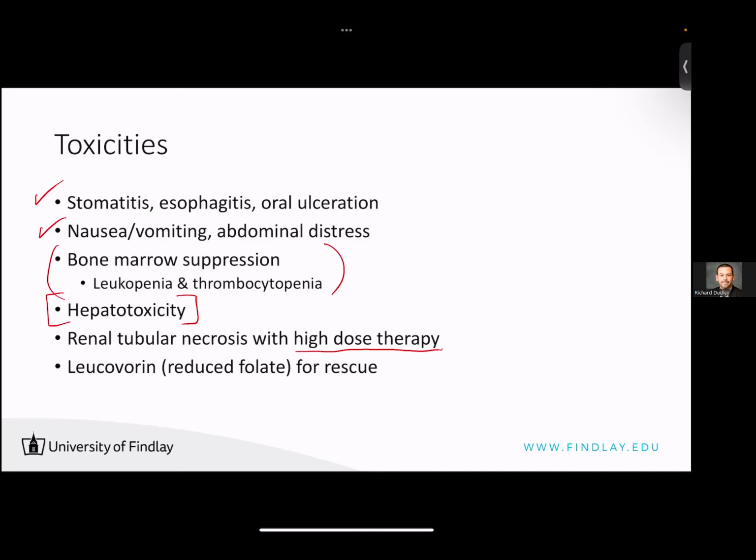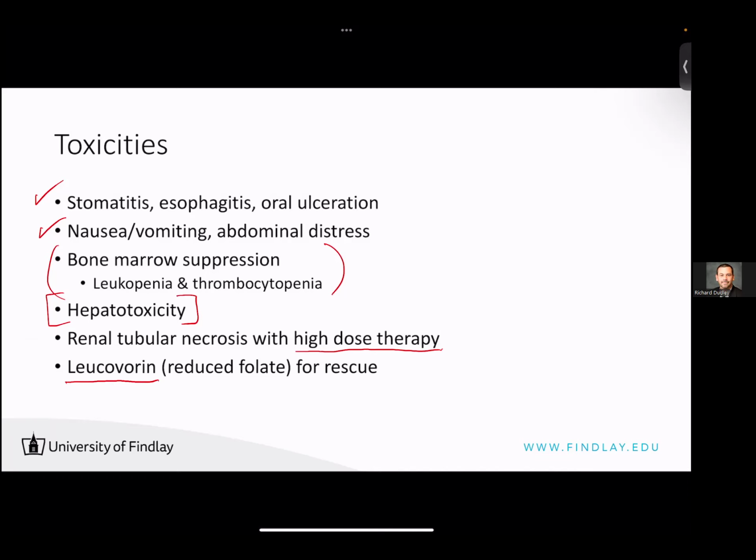Not only can renal tubular necrosis occur, profound life-threatening bone marrow suppression can occur if patients are poor excreters of methotrexate. And when we have situations that present like that, we have to be ready to administer an antidote or a rescue medication called leucovorin. Leucovorin represents an antidote for methotrexate toxicity.